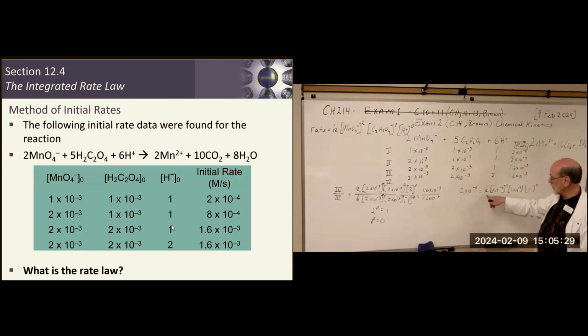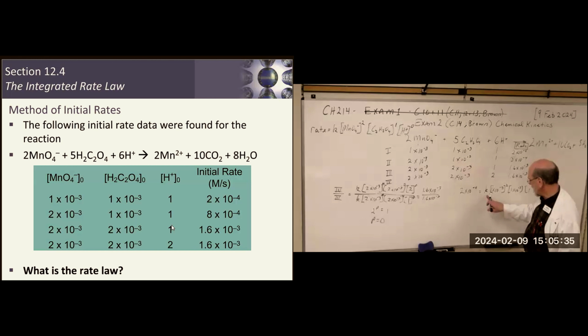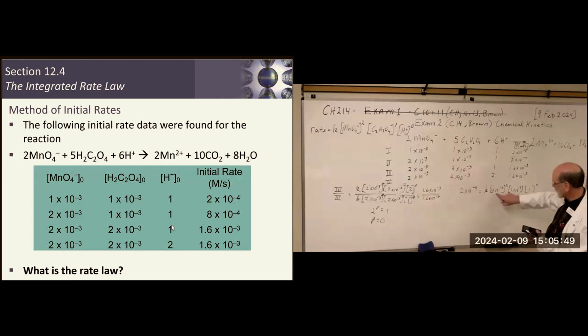Now we have an equation with one unknown. We just have to solve for that K. So we're going to say K is equal to this one, divided by that one, divided by that one, divided by that one. Right? Okay. So let's do that. 2 exponent minus 4. And then we got to square that one. 1 exponent minus 3 squared and divided.